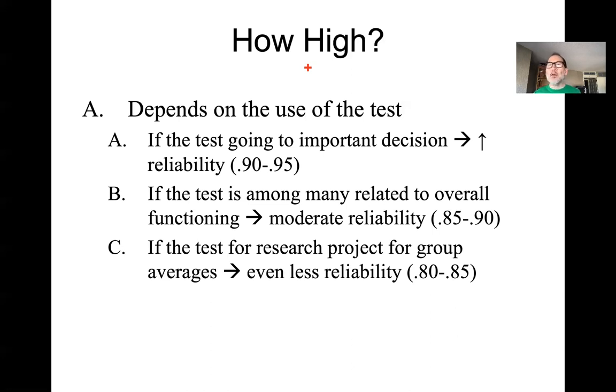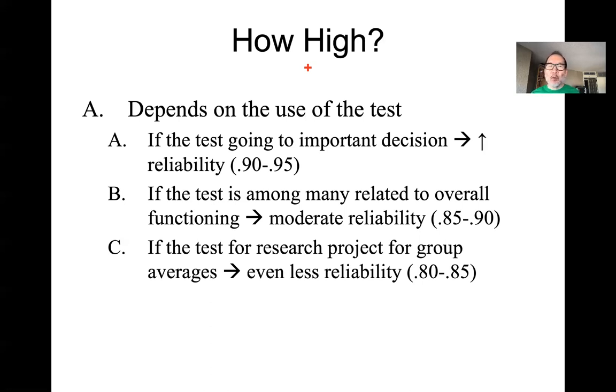For example, if a university doesn't just rely on the SAT, and most don't, and takes into account variables like GPA, maybe an ACT score, other circumstances, then you can deal with more moderate reliability, like 85 to 90.